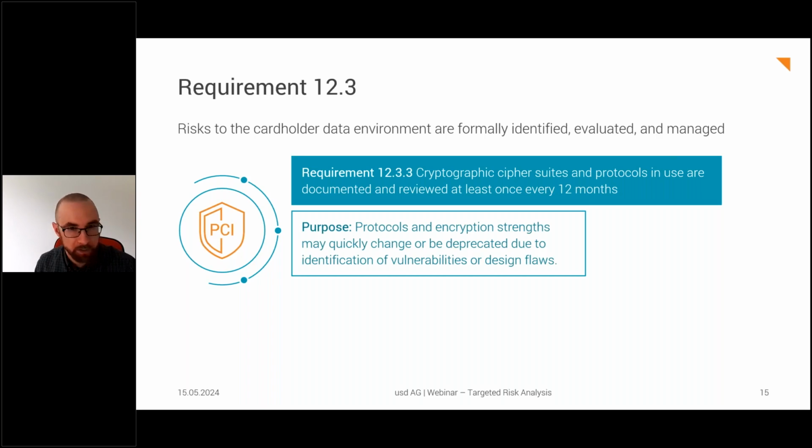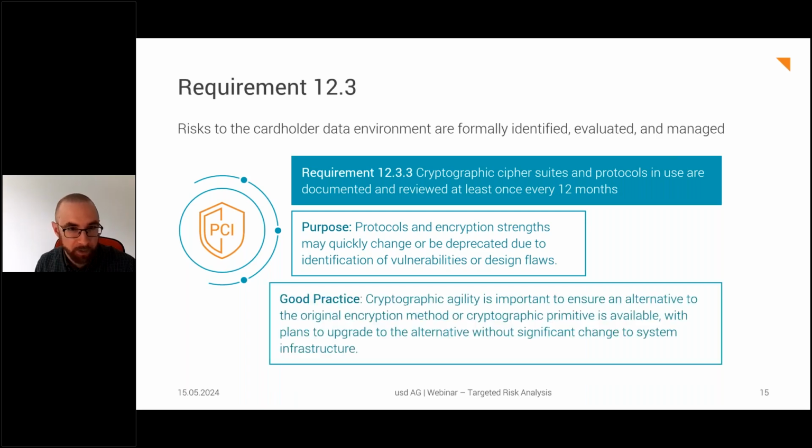Purpose is, of course, that the protocols and encryption strengths might change and might be deprecated due to vulnerabilities or design flaws. This is something that happens basically all the time, that there are some changes in what should or should not be used anymore, let's say it like that.